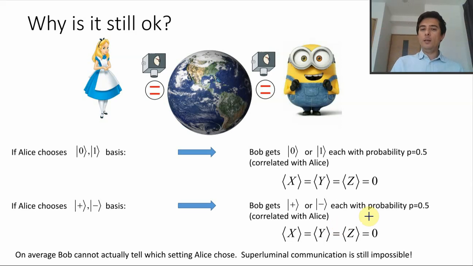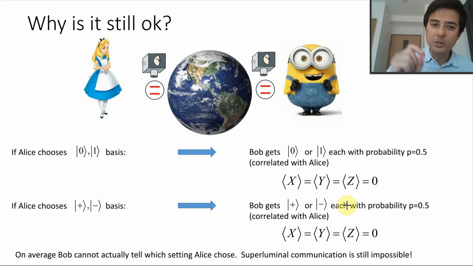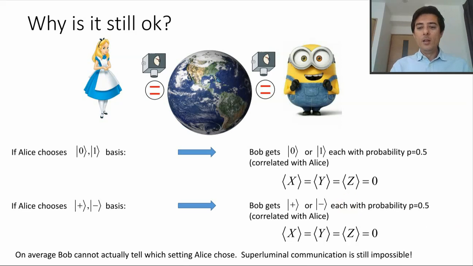Unfortunately, because of this randomness factor, we actually cannot do superluminal communication. So Einstein's theory is still correct, but comes this close to being able to do it. Okay.